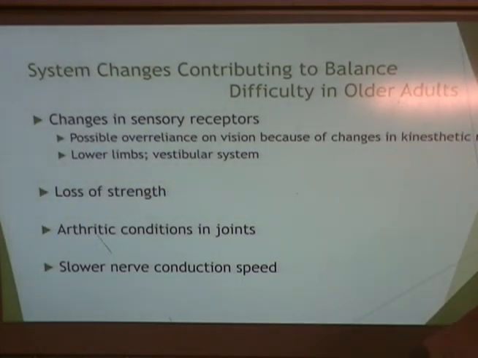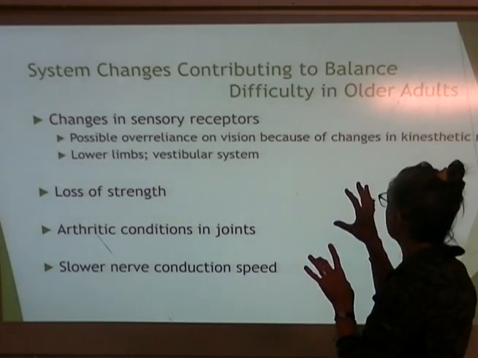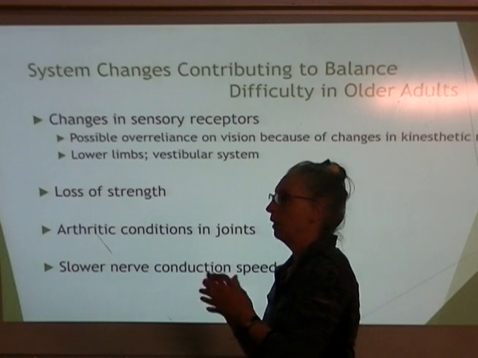All right? You've got to be careful. If you're working with people who have diabetes, one of the things you have to be very careful of with a diabetic population is their balance, all right?